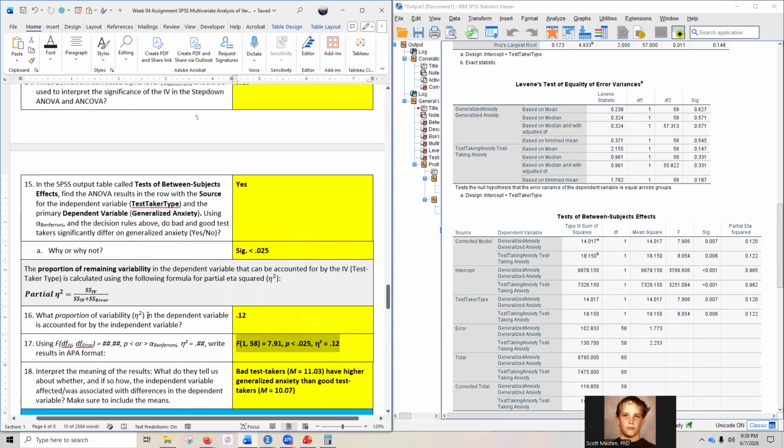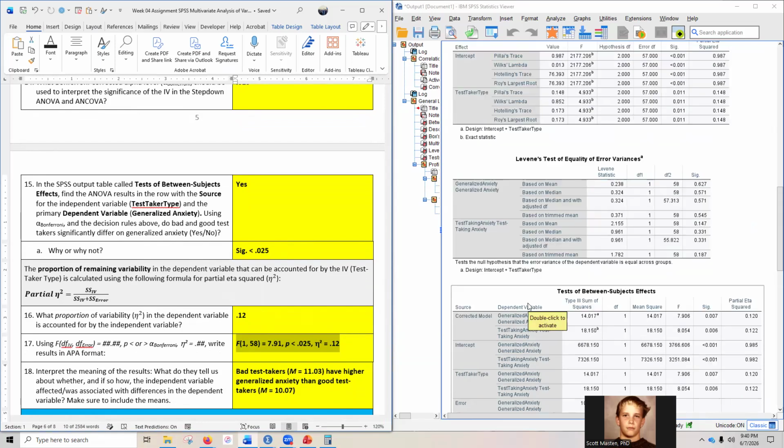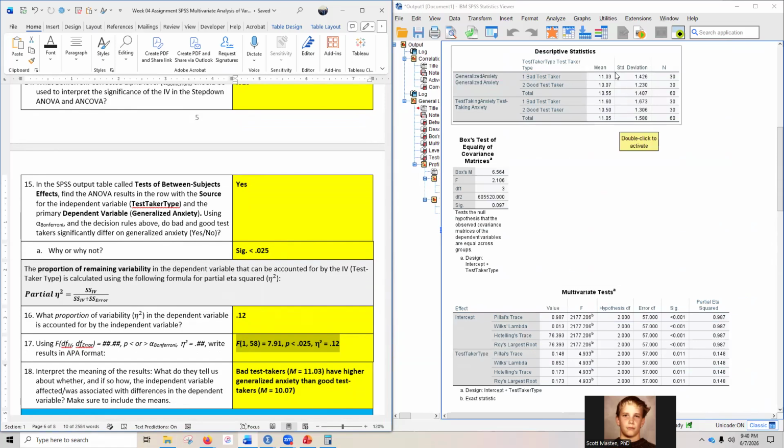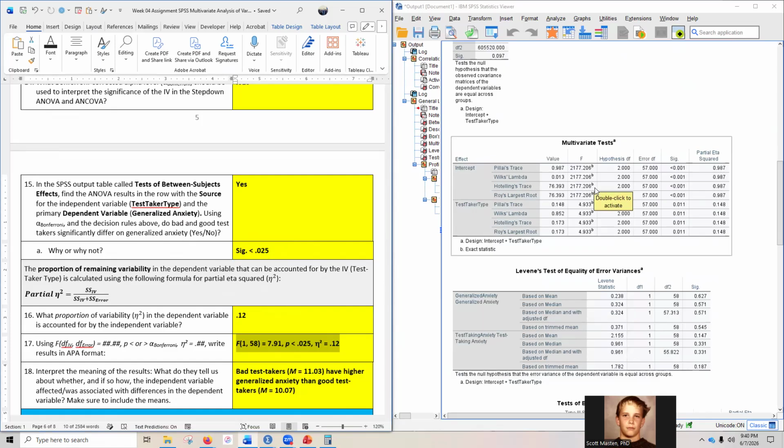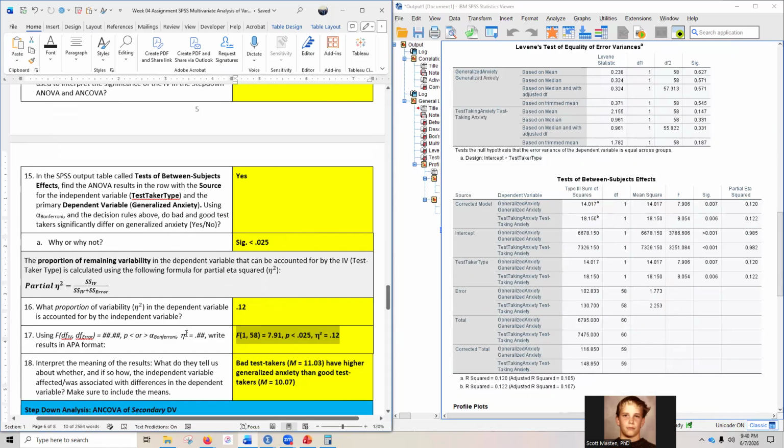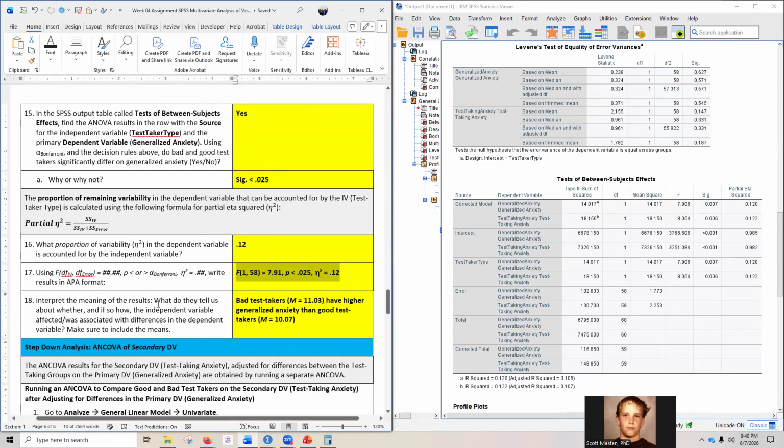So what does it mean? This ANOVA test tells us that the test taker types differ on generalized anxiety. And when we looked at the means, we saw that specifically bad test takers have higher generalized anxiety than good test takers. That's what it means. All right, that's for number 18.